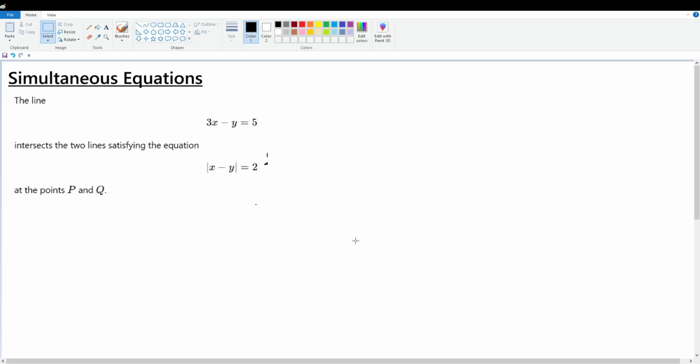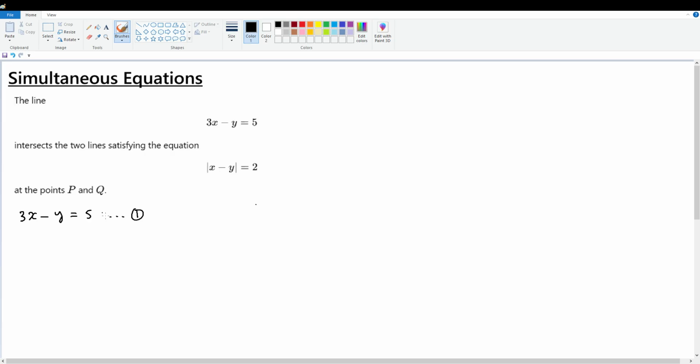So in these questions, we have the simultaneous equations problem. Here we have the line equation 3x minus y equals 5 that intersects the two lines satisfying the equation of the absolute value x minus y equals 2 at the points P and Q. Now, to solve this one, we need to write down the equation 3x minus y equals 5 as our first equation for the simultaneous equations.